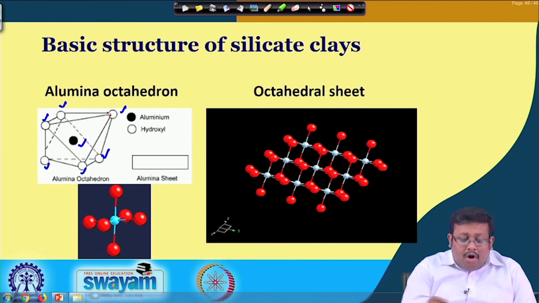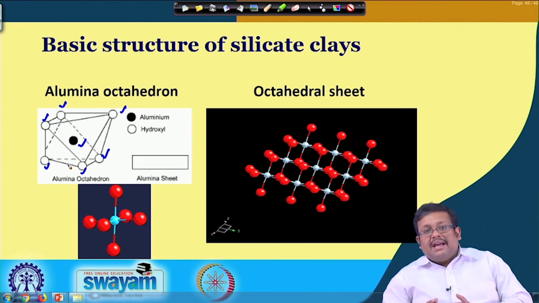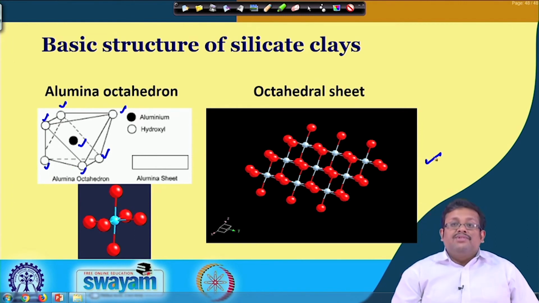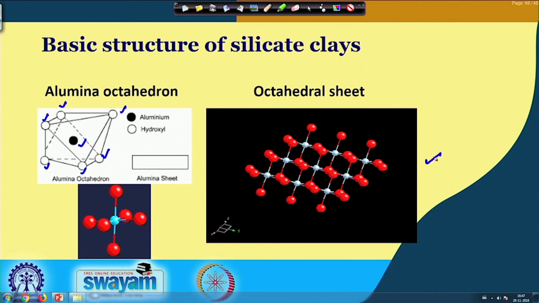When a couple of aluminum octahedra share their faces and sides with the adjacent octahedra, they also form a sheet-like structure, which we call the octahedral sheet. So, we have the tetrahedral sheet and we have the octahedral sheet.